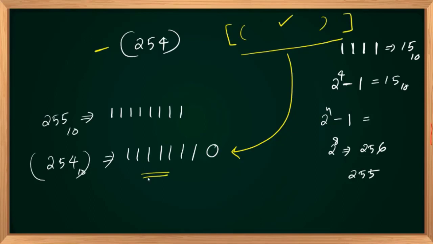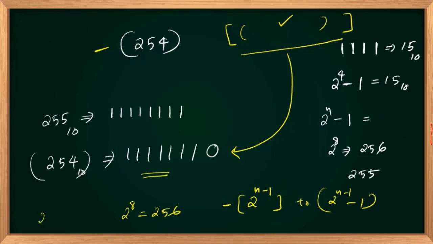The range of numbers using 2's complement representation is minus 2 power n minus 1 on the negative side to 2 power n minus 1 positive side, right? So the magnitude of 254 is greater than 128 and less than 256. 2 power 8 is 256, 2 power 7 is only 128. So 7 digits are not enough.